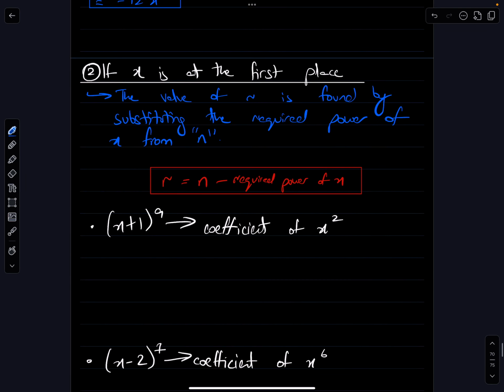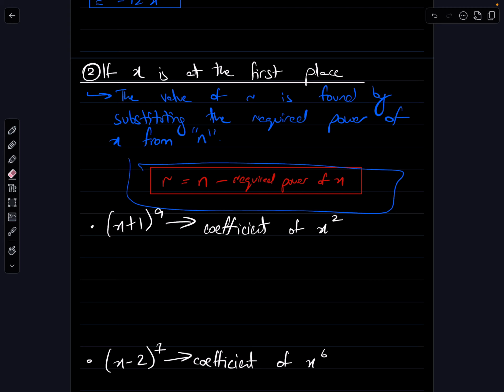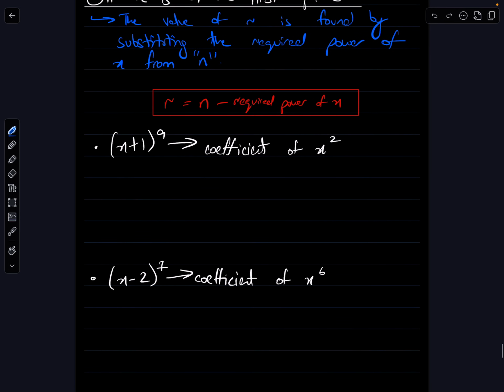This is our answer. So what would we do if x is at the first place? Then the formula for r which we need to apply is this, and that is the power of the bracket minus the required power. So for example, in this case, x is at the first place, the required power is 2, and thus r is equal to 9 minus 2 is equal to 7.